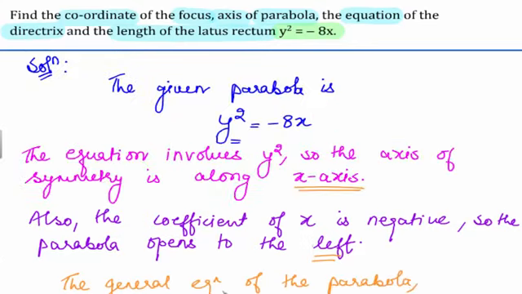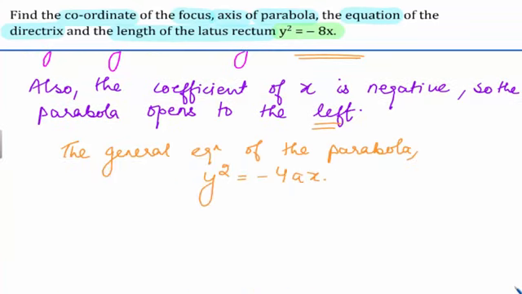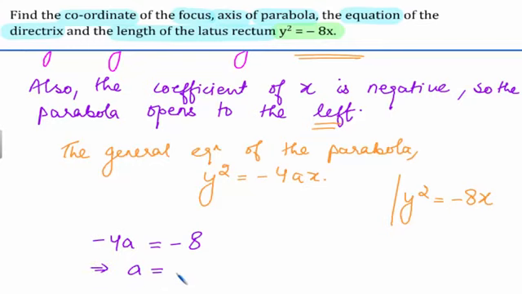Now on comparing this standard equation with the given equation, which is y square is equal to minus 8x, we see that here minus 4a is equal to minus 8, which implies that the value of a is equal to 2.